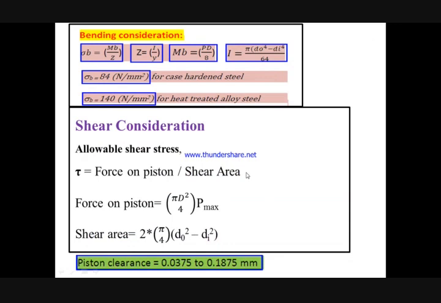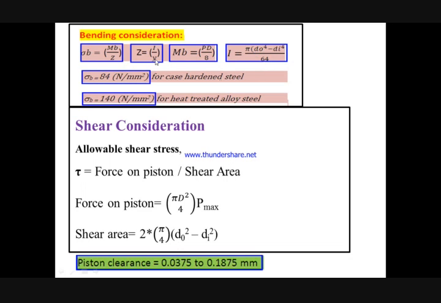Once you find the dimensions, you need to check them for bending and shear, that is, whether the pin can withstand the bending and shear acting on it. The bending stress induced in the piston pin is given by sigma B equals MB by Z. Z is the section modulus, given by I by Y. I is pi times d0 raised to 4 minus di raised to 4, by 64.